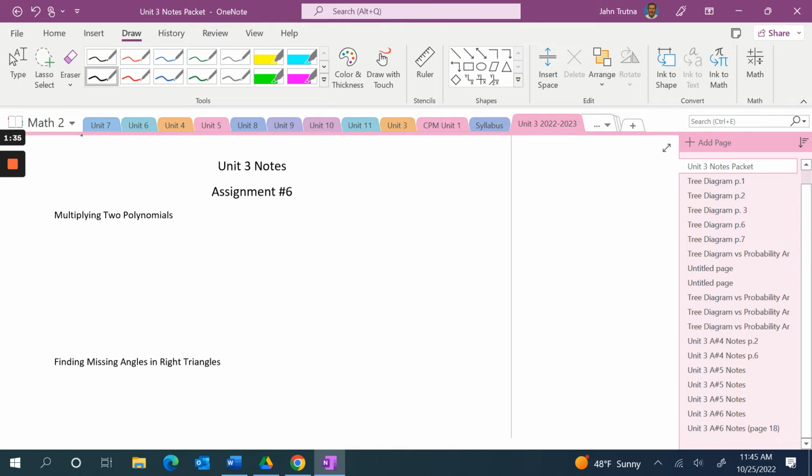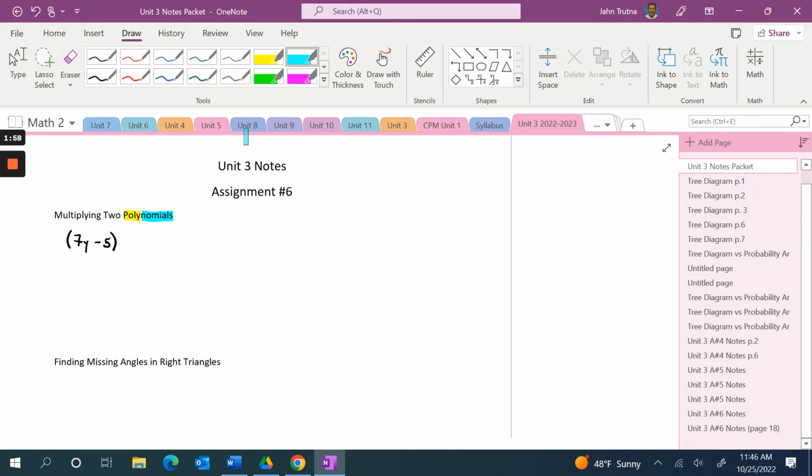And what we mean by that is let's say I have the expression 7x minus 5. That right there, that expression is what is known as a polynomial. Okay, the prefix poly means many. The suffix nomials means numbers.